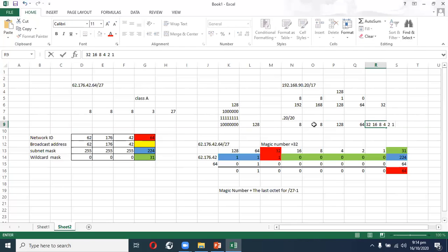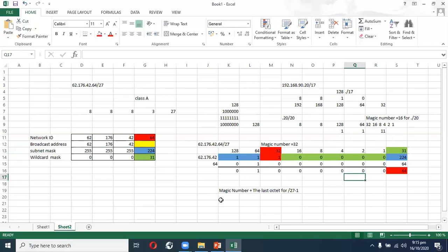This is 16, so 17, 18, 19, 20 till 16. Our last one is 16, so here the magic number will be 16 for slash 20, and 128 is the magic number for slash 17. I hope this makes it clear.